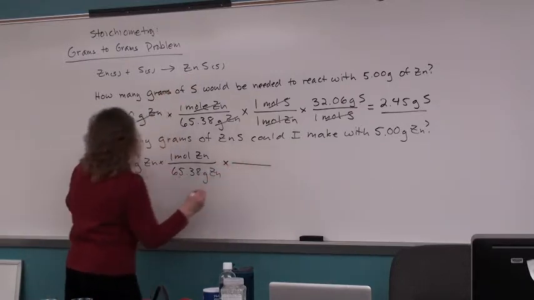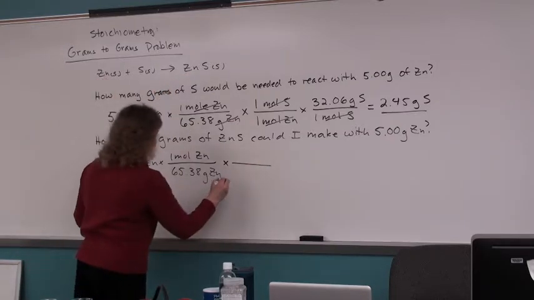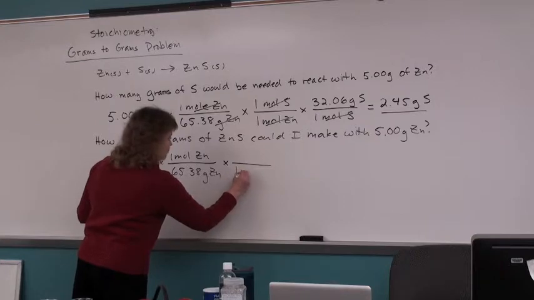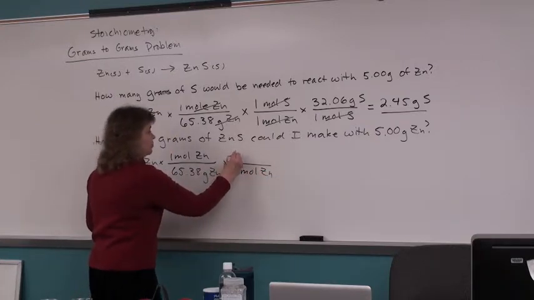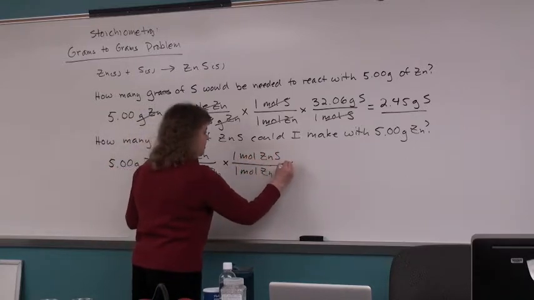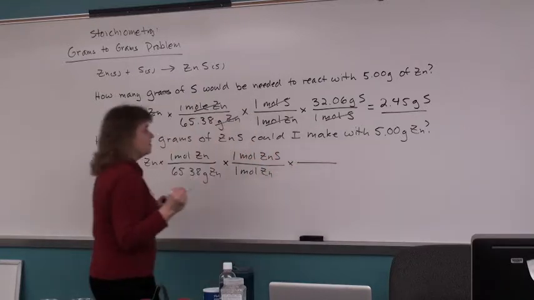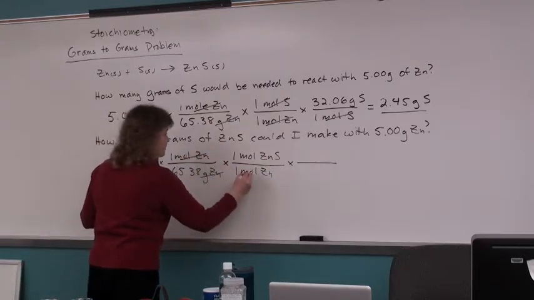So I'm going to say that 1 mole of zinc will make 1 mole of zinc sulfide. So I'll put my mole of zinc on the bottom so it cancels out over there. And it will make 1 mole of zinc sulfide. And then the last, cancel things out along the way.